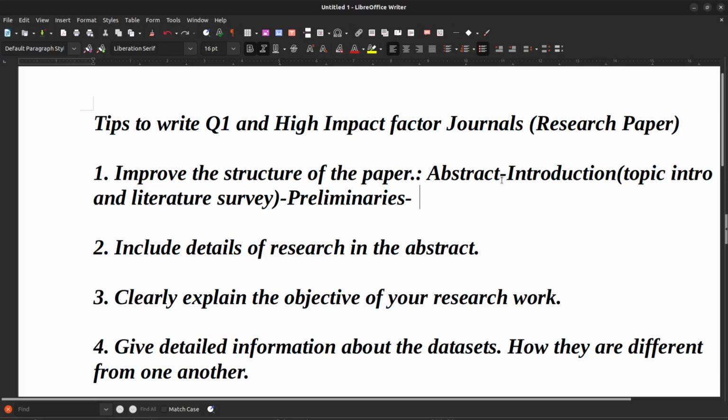Preliminaries means the things which you are using to execute your research, the prior or past work you are using to execute your work. Okay. Now next, after preliminaries, comes the proposed method, and try to give one or two proposed methods instead of simply one.